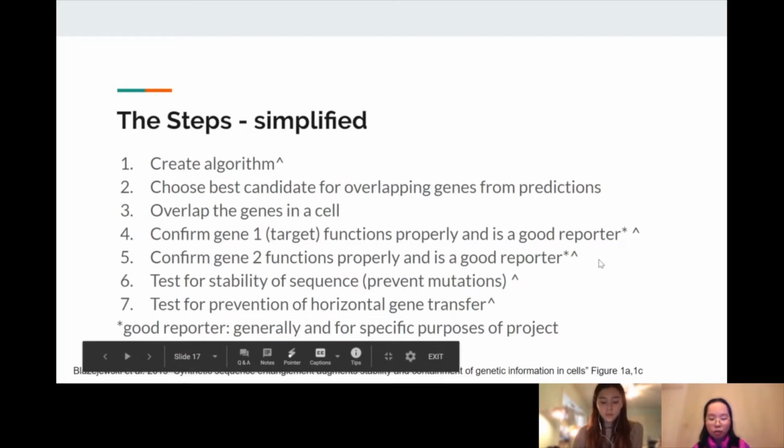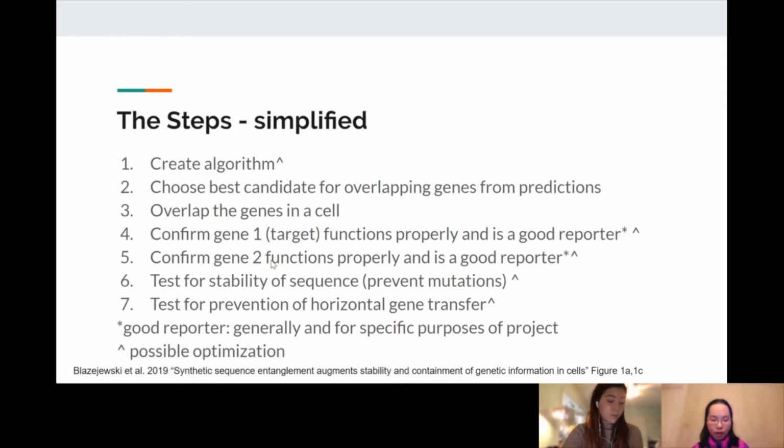So what I mean by a good reporter here is that what you choose as your target gene and your second gene, you want to make sure your essential gene is definitely essential, as in mutations definitely will cause the cell to die. But also you want to make sure that that target gene normally is able to mutate.